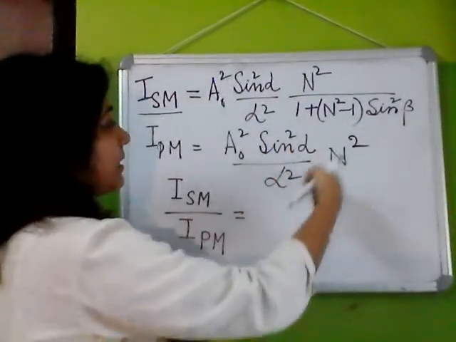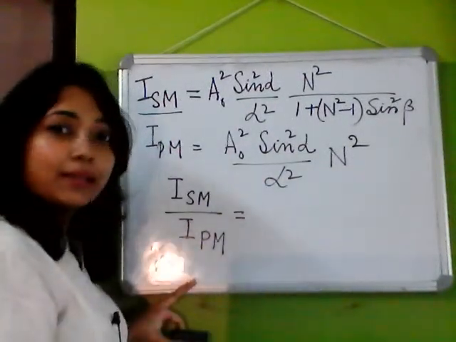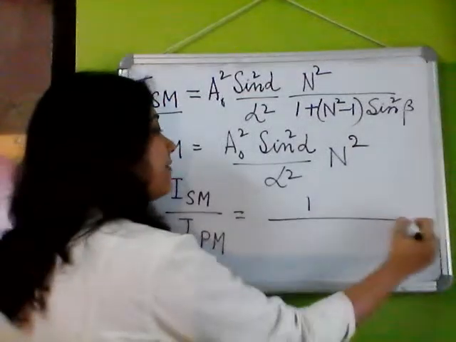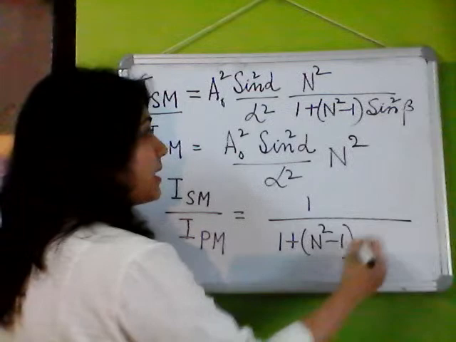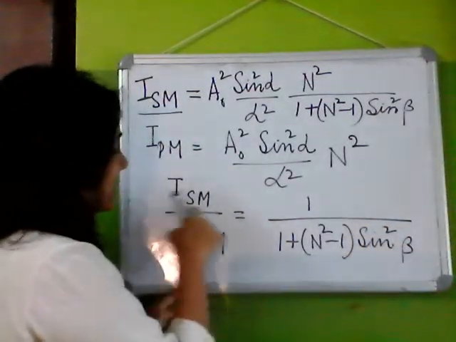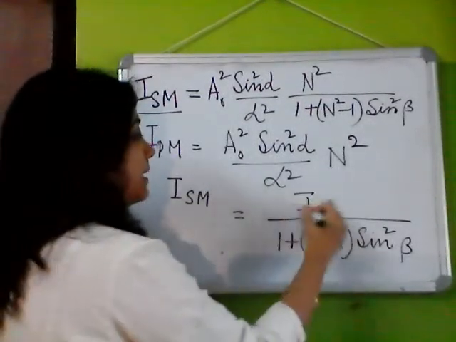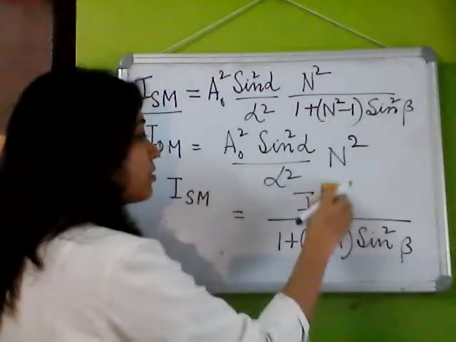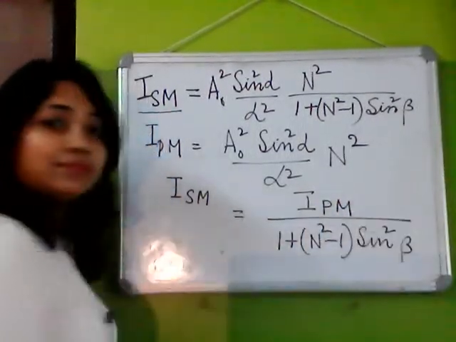This entire quantity, A0 square n square sine square alpha by alpha square, will be getting cancelled, and all I will be left with is 1 plus n square minus 1 sine square beta. Or the intensity due to the secondary maxima is the intensity of the central maxima or the principal maxima divided by this number.